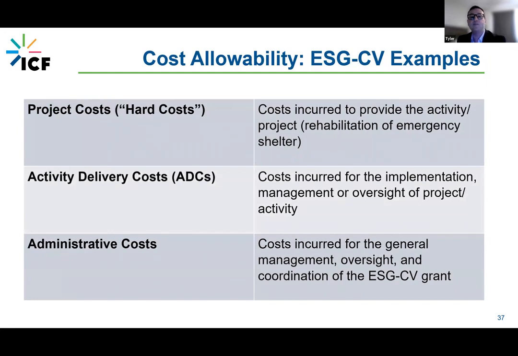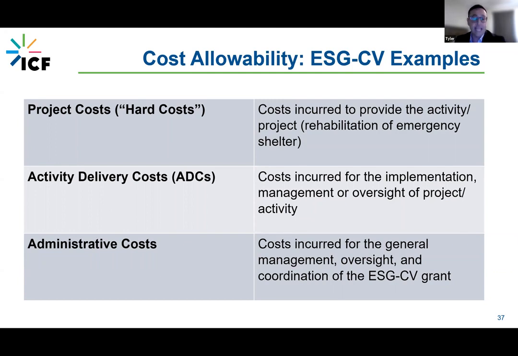So here we see examples of allowable costs by cost type. First, project costs are costs incurred to provide the activity or project. For example, rehabilitation of an emergency shelter. Activity delivery costs are costs incurred for the implementation, management, or oversight of a particular project or activity.